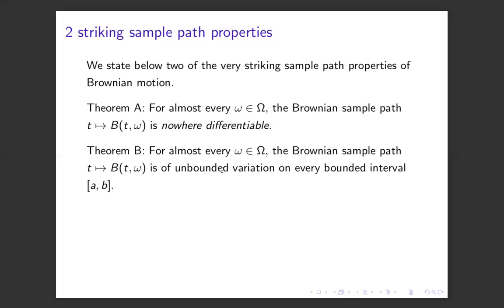However, almost every Brownian path is of unbounded variation on every bounded interval. Which means even if you have a very nice function g on the real line, an integral from 0 to t of g(s) dB(s), that kind of integral, you cannot define.